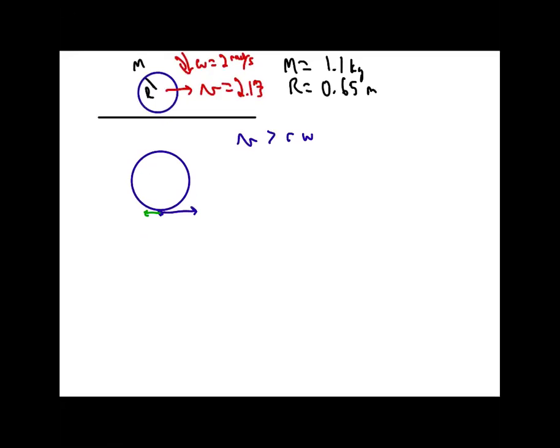So the actual point is slipping forward, right? The point of contact slips forward.